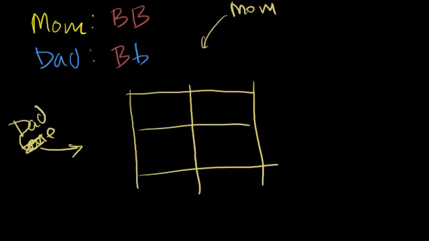So the mom, in either case, is either going to contribute this big B brown allele from one of the homologous chromosomes, or on the other homologous chromosome, well, it has the same allele, so she's going to contribute that one to her child. The dad could contribute this one, the capital B allele for brown eyes, or the lowercase b for blue eyes, either one.